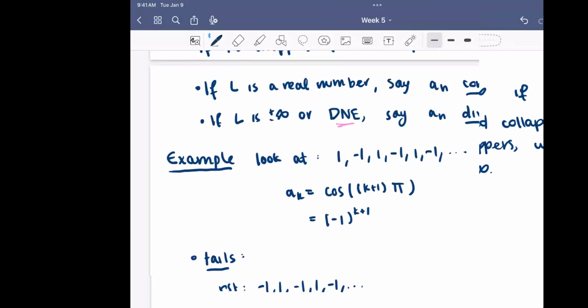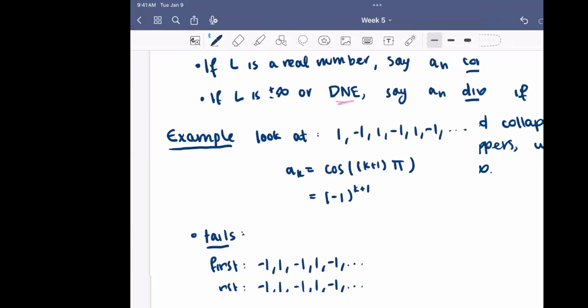So now those are chopped and we're starting here. And then for the subsequent tails, we're just switching back and forth between these two options. So the third tail would again look like -1, 1, -1, 1.